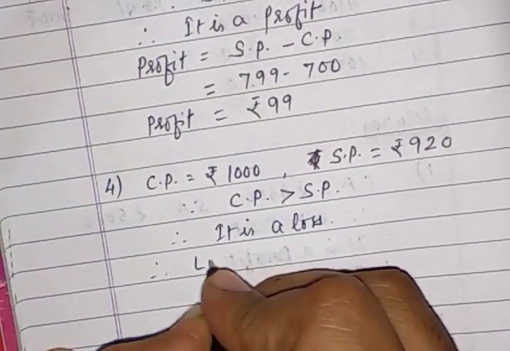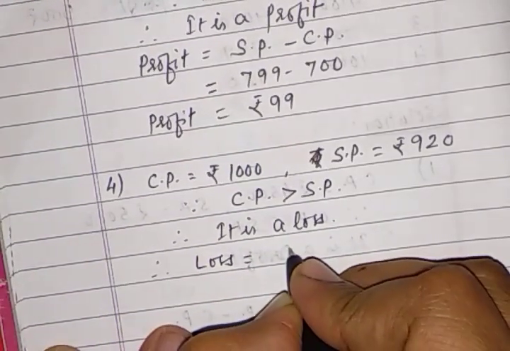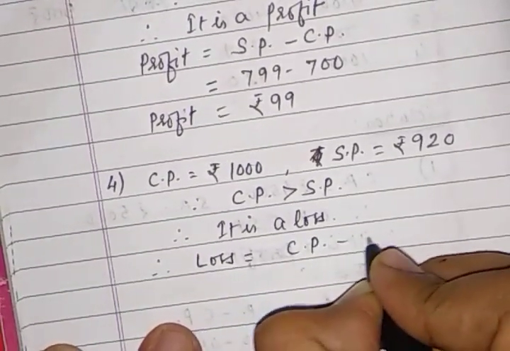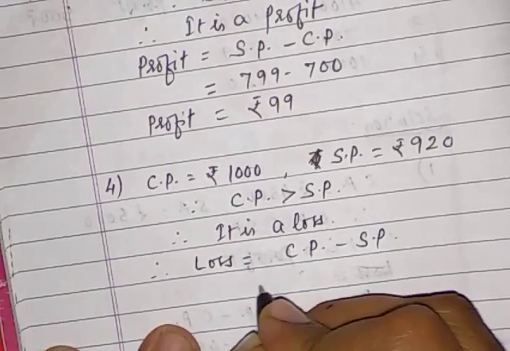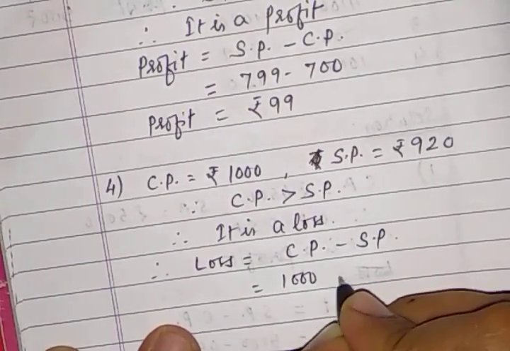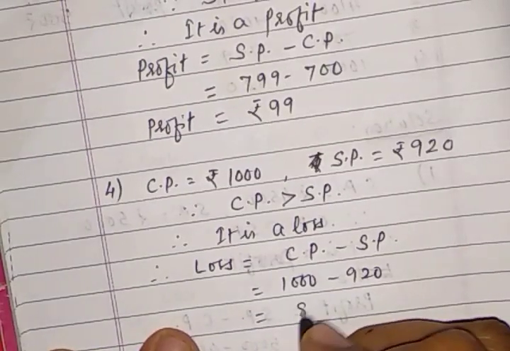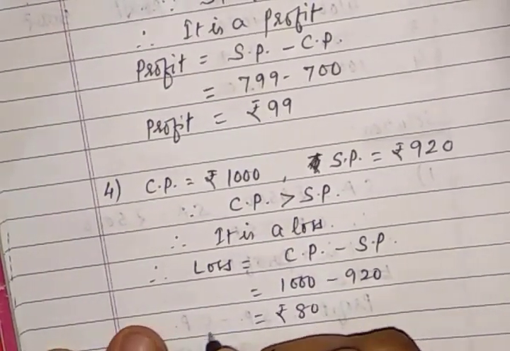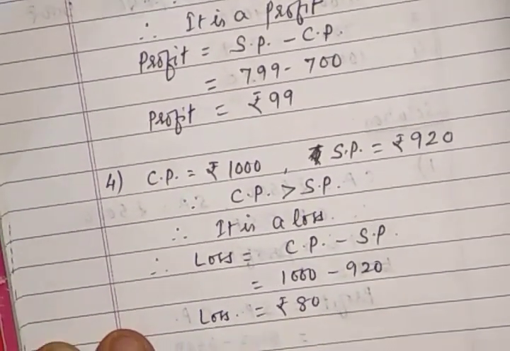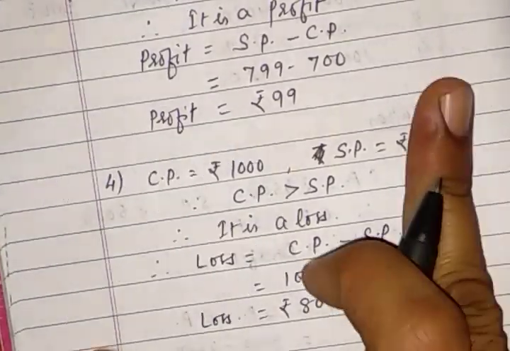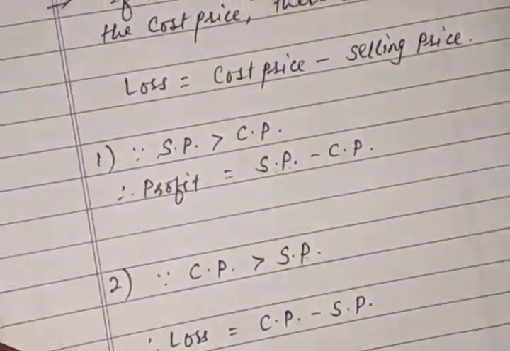So now use the formula loss equals cost price minus selling price, that is 1000 minus 920. If you subtract it, you get here 80 rupees. Is it clear? So you can fill the table now.